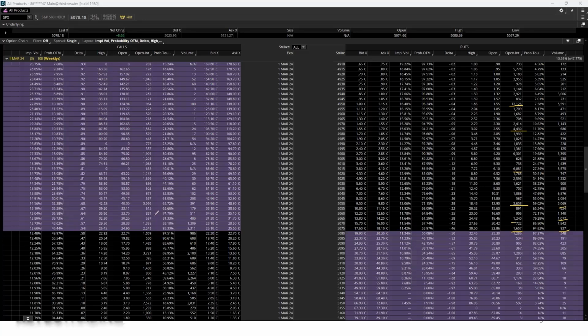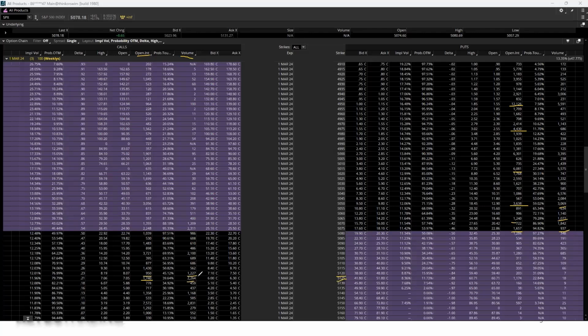What about on the call side? Let's see. Here we've got some unusual option activity on the call side. The 51.20, 51.25 strike. So the volume, today's volume, is greater than open interest.